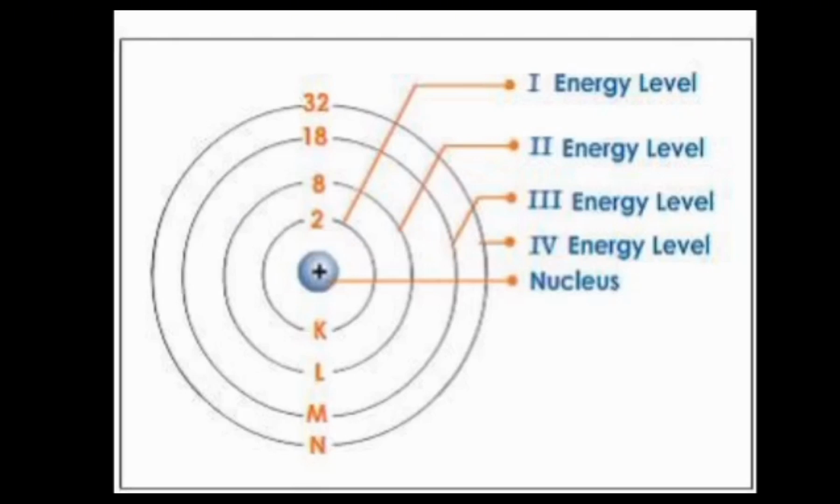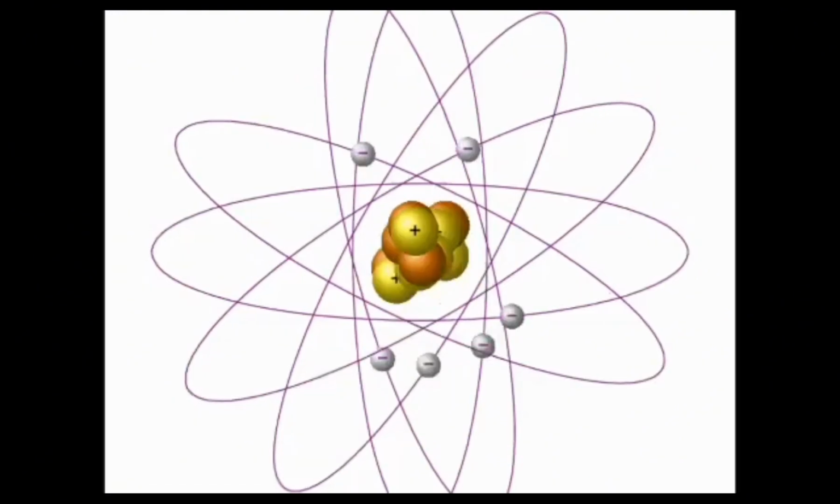The maximum number of electrons that can be accommodated in an orbit is 2n squared, where n is the number of the orbit. So the K shell would have 2 electrons, the L shell would have 8 electrons, the M shell would have 18 electrons, and the N shell would have 32 electrons, and so on.